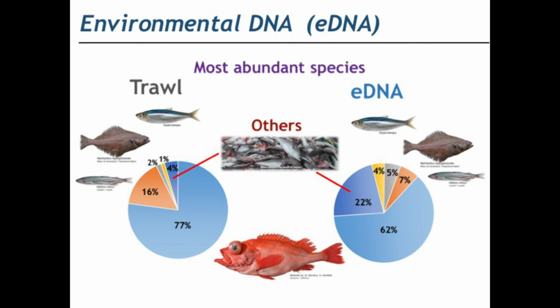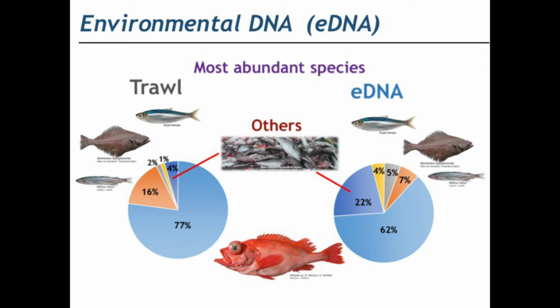It was interesting also to see that the most abundant species were pretty much the same as detected by the trawls and the eDNA. By far the most important species, in terms of biomass for the trawl or the number of sequence reads in our analysis, was redfish, Sebastes, and the proportions were quite comparable.